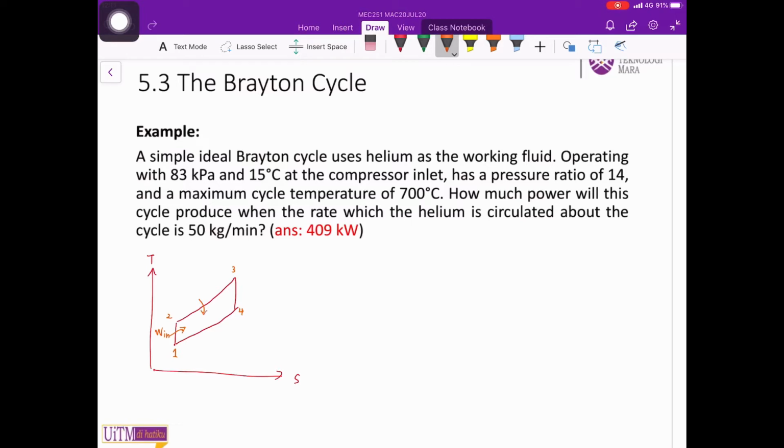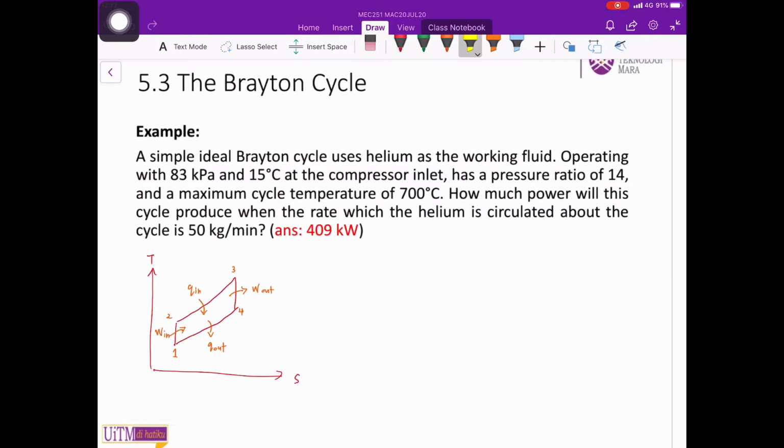Process 2 to 3 will involve constant pressure heat addition to our system. Process 3 to 4 will produce the work, so we are going to have work out throughout this process, and process 4 to 1 is the constant pressure heat rejection. Therefore, we're going to have the term Q out.